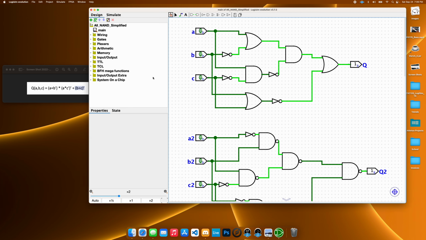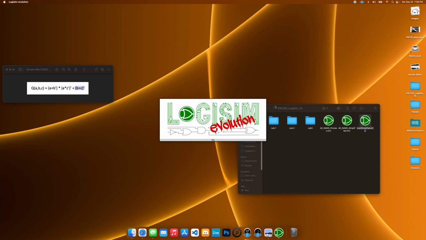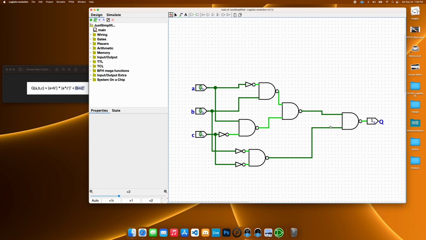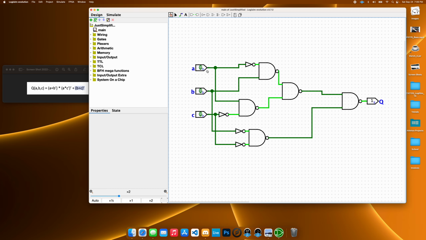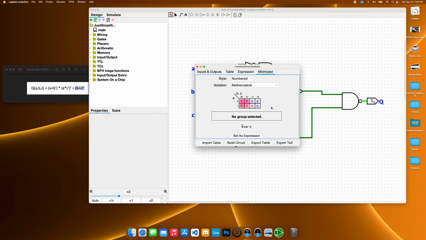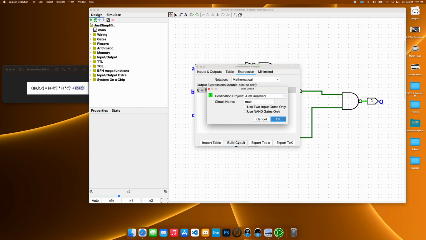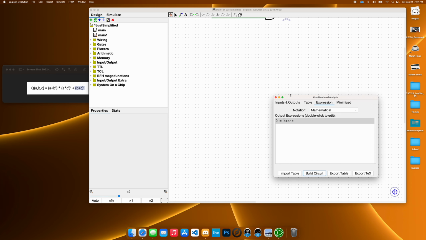Okay, so from here, we can finally convert into the AND OR circuit, the most simplified circuit of this. Again, I'm going to go to Analyze Circuit. I'm going to make sure that this is the simplest possible expression, and I'm going to build this circuit here. We're going to show what its AND OR equivalent looks like.